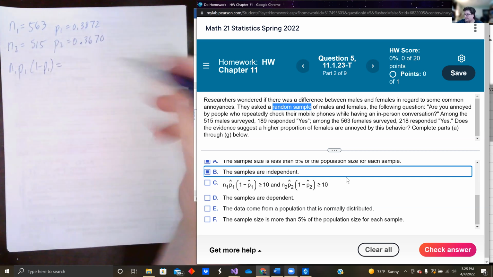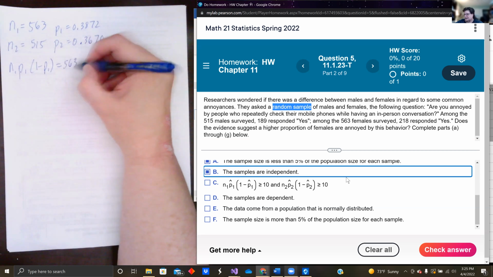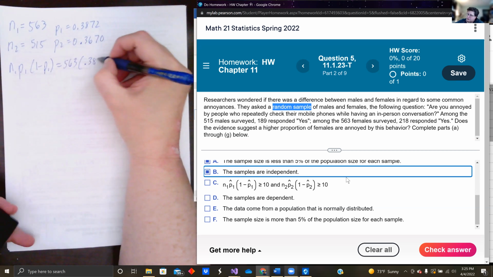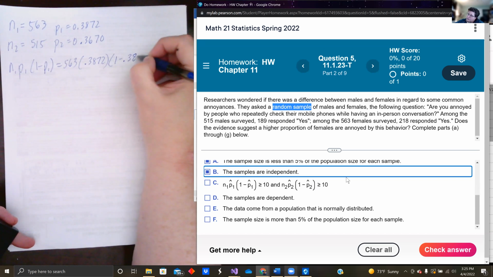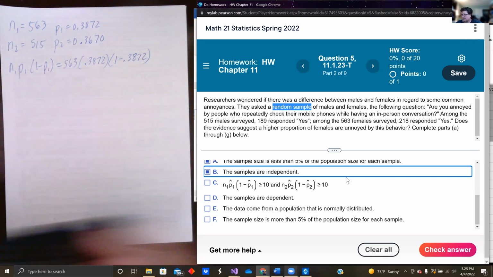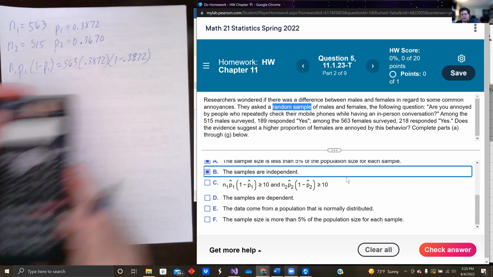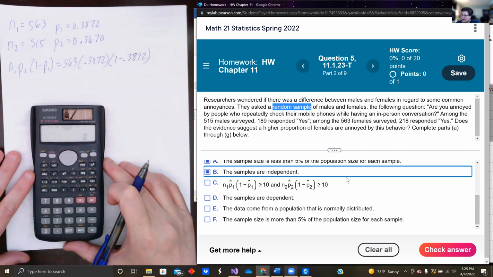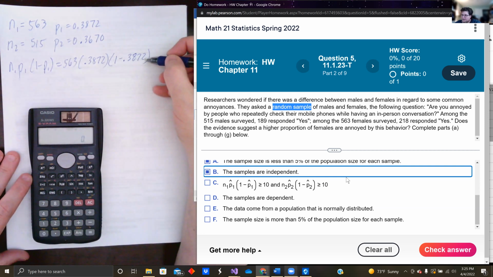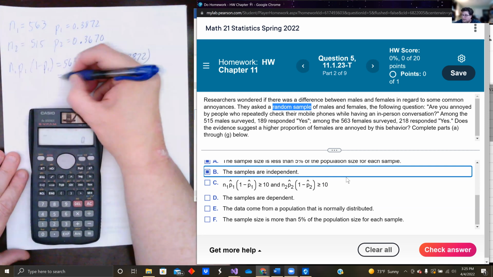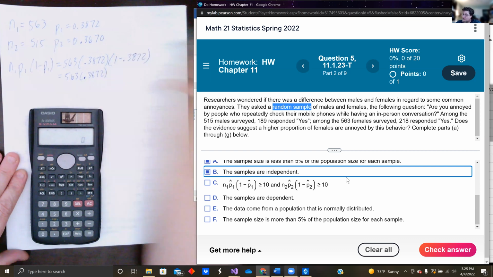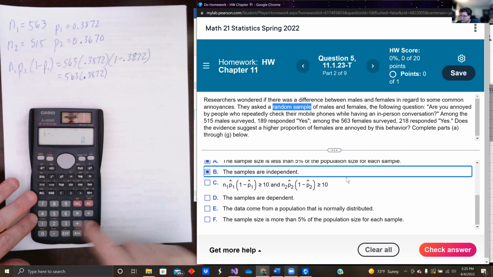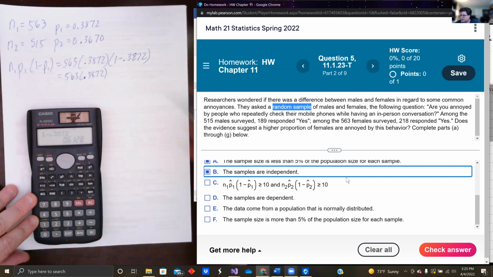What do we get when we do that? 563 times 0.3872 times 1 minus 0.3872. If your calculator doesn't have a parentheses sign, it might be easier to start with 1 minus 0.3872 first, and I get 0.6128.